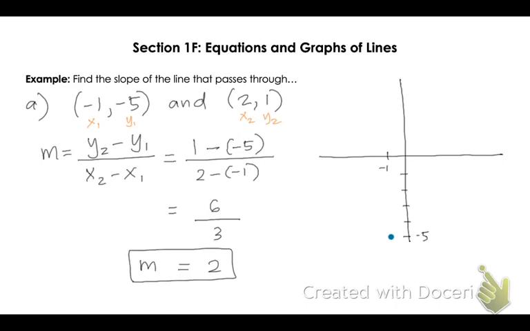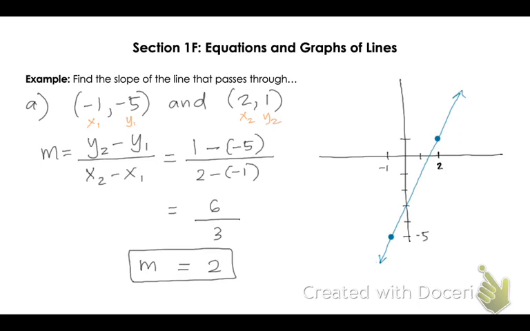And then I'm going to plot 2, 1. All right, and then I'm going to connect the dots between those 2 points. Do what I can here. Okay, so there's my line.